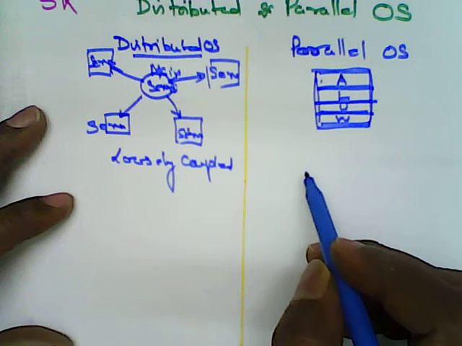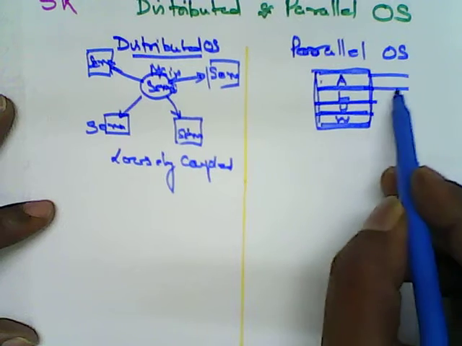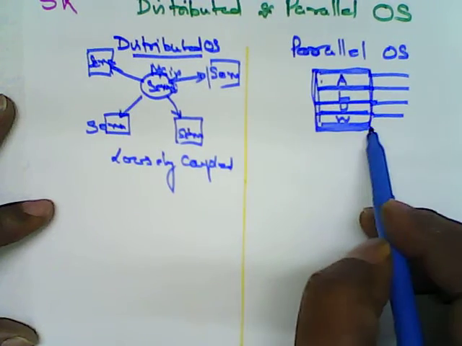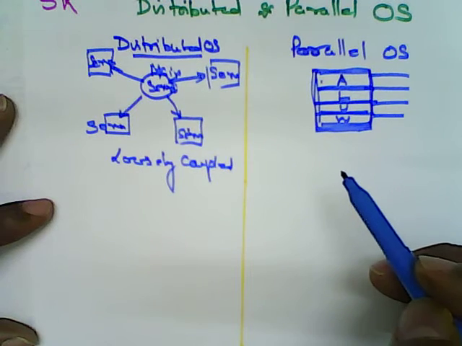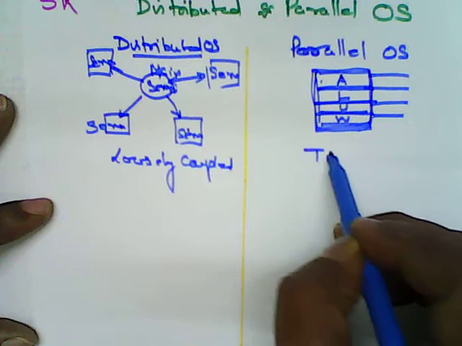All these operating systems are running parallelly. That means under one CPU the entire set of operating systems is linked. So this is known as parallel, or we say that it is tightly coupled.